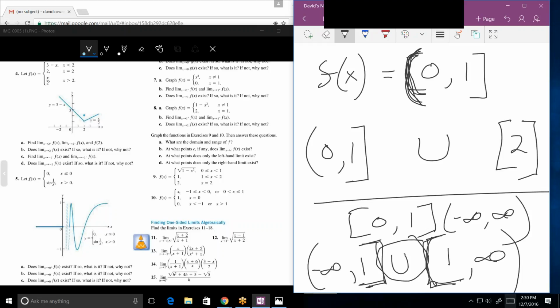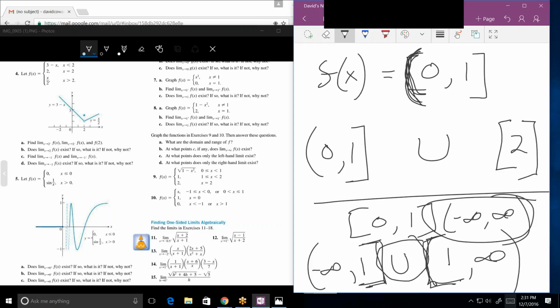Except no, x can be negative 1 from the first part. Oh, you know what? I was misreading this. I didn't realize there were two parts to the domain on the first one. So we're going from negative 1 to 0, from 0 to 1, at 0, less than negative 1, and greater than 1. That's still the correct answer for domain: negative infinity to infinity.